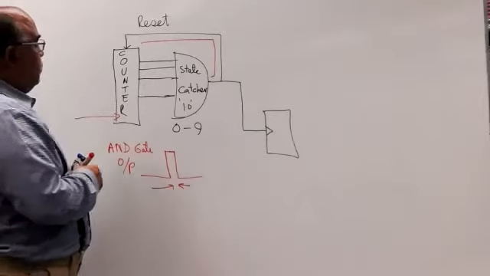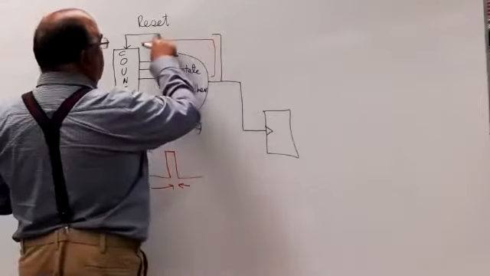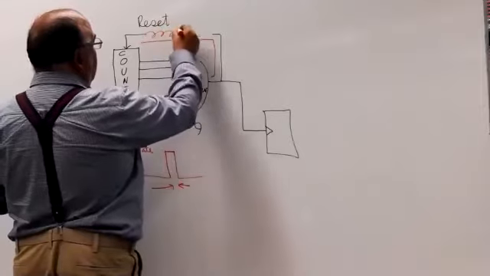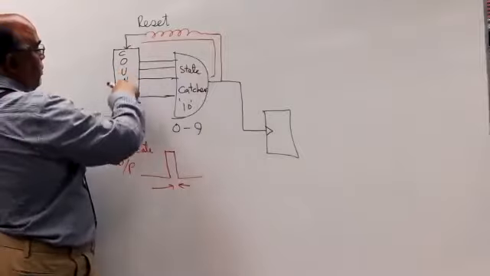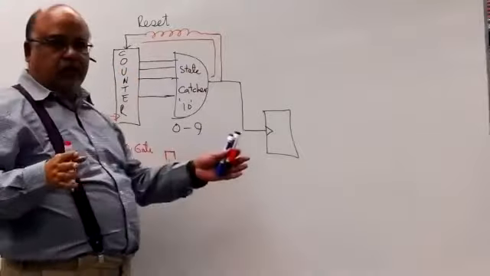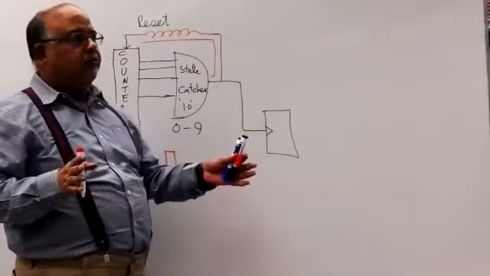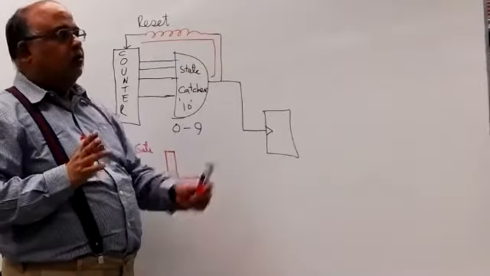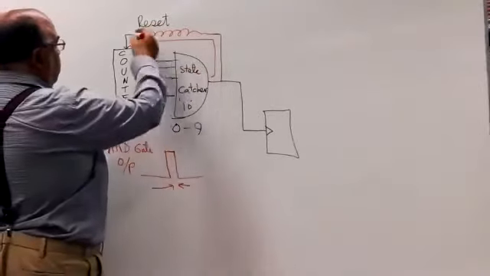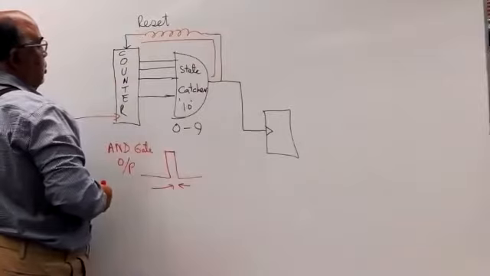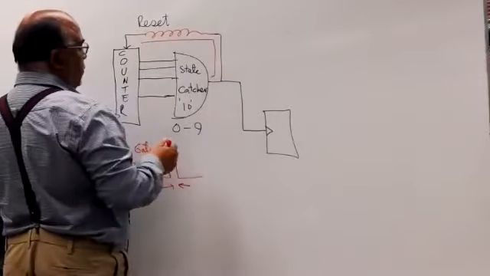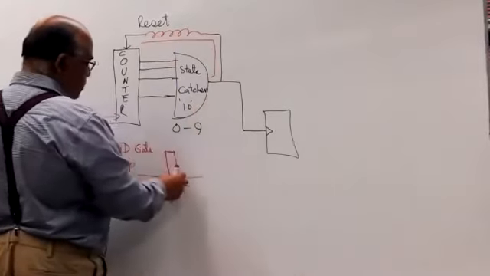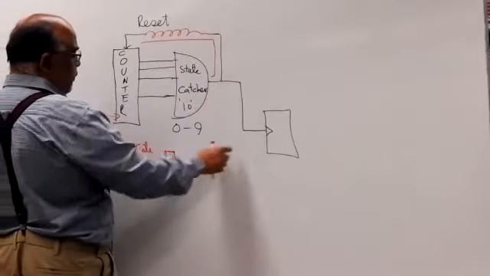One solution was to make this wire very long, so that the signal takes time; light takes 1 nanosecond to travel. So it will take a few nanoseconds to travel this few yard long wire, so that by the time it reaches here, 1-2-3 nanoseconds pass. And that will keep this pulse long enough for this counter.